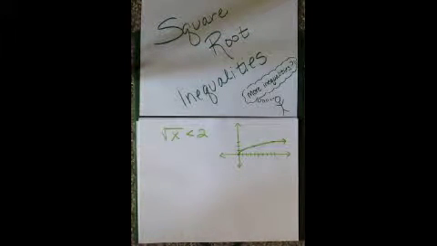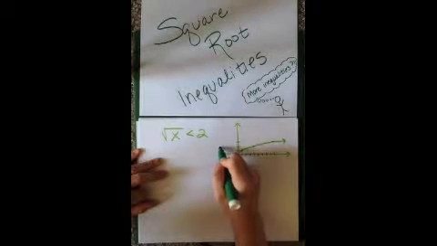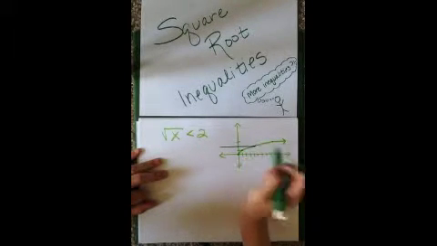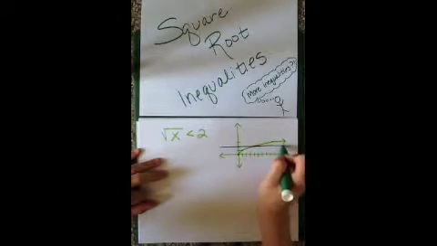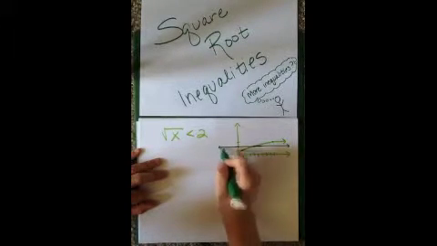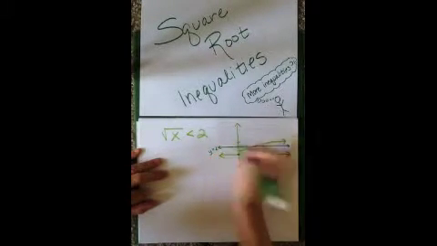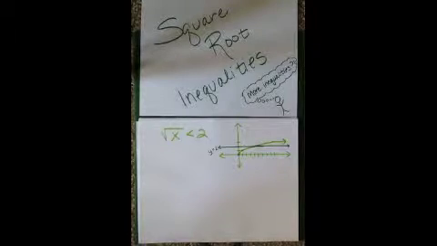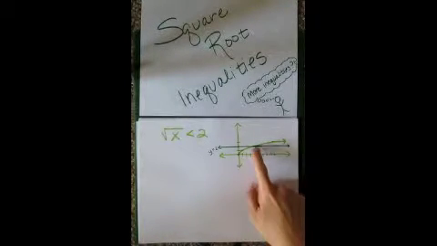Okay, and then if I look at y equals 2, that's this line right here. Alright, so if I were looking for where they were equal, that would be pretty easy. It'd be right here at x equals 4.